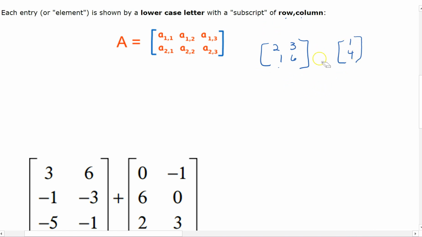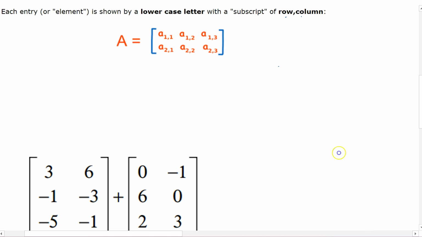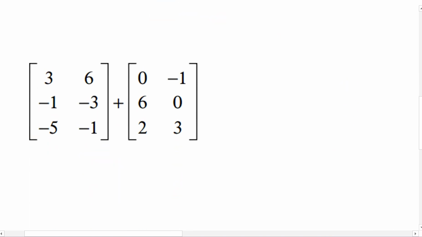So they're not equivalent spaces, if you will, so you can't add or subtract. And to add and subtract, you have to have the same number of elements in the same arrangement. So remember it's rows by columns. Notice that there's 3 rows, 2 columns. So this is a 3 by 2, and this is a 3 by 2.